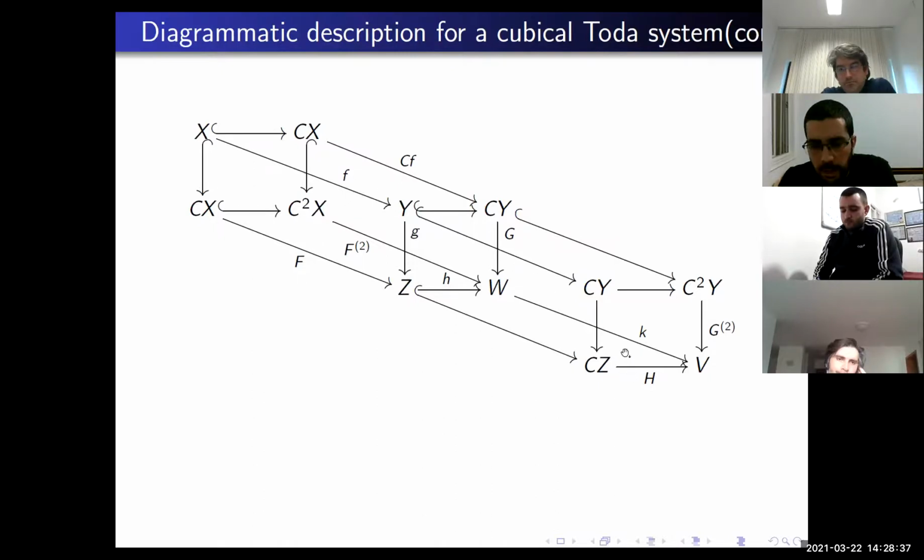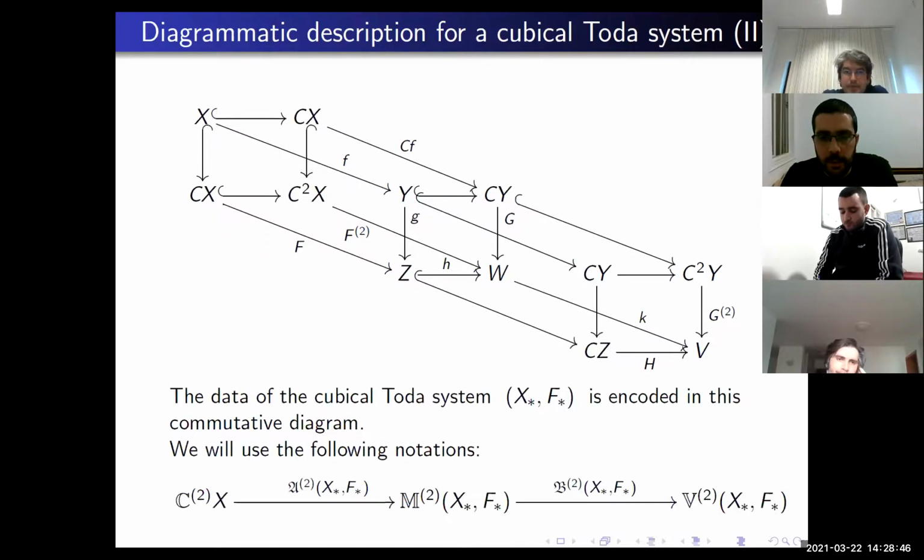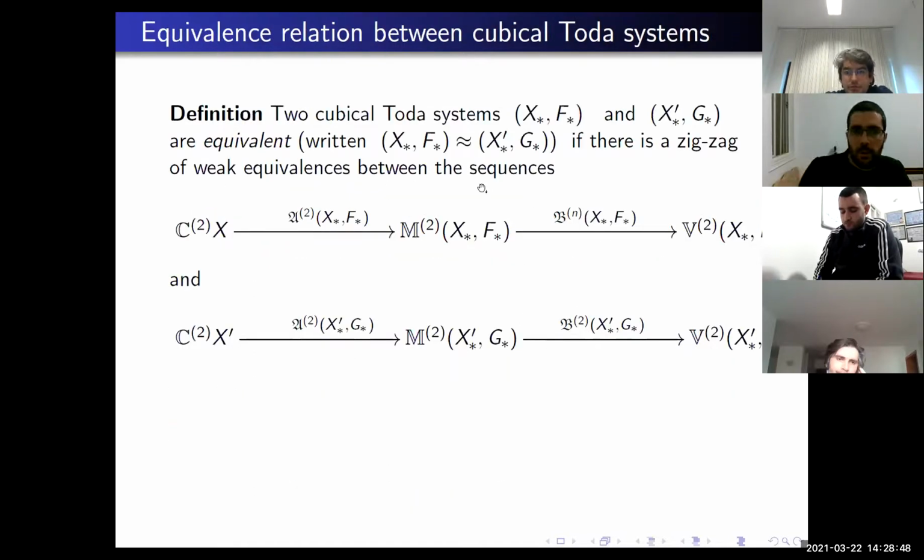Okay, another Toda system. And how can I say that two Toda systems are equivalent? Here is the definition. Two Toda systems are equivalent if the induced diagrams, the corresponding diagrams, are equivalent as diagrams, that is, we have a zigzag of equivalences between these diagrams.